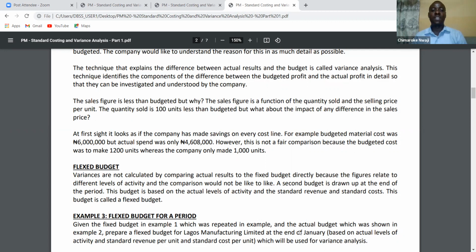And so variances are not calculated by comparing actual results to a fixed budget because the figures relate to different levels of activities. So a second budget should be drawn up, which should be based on the actual level of activity.